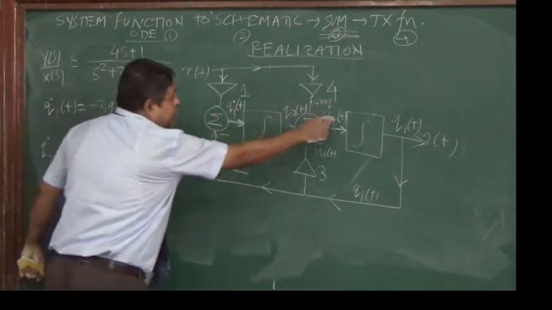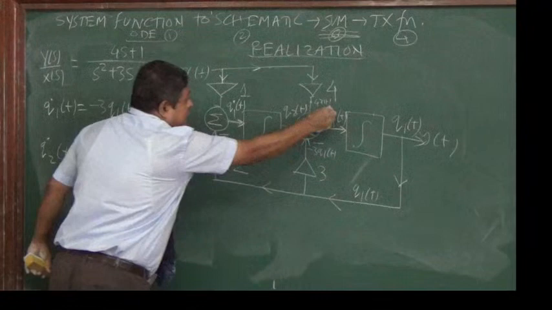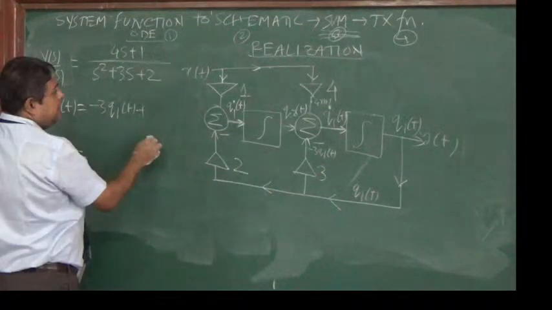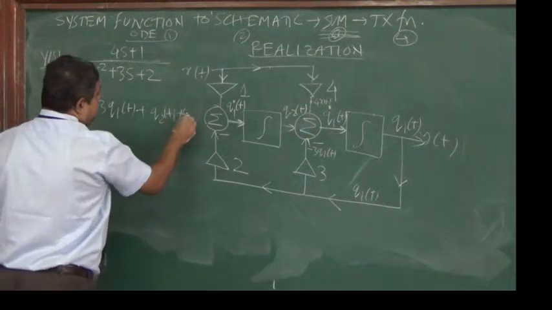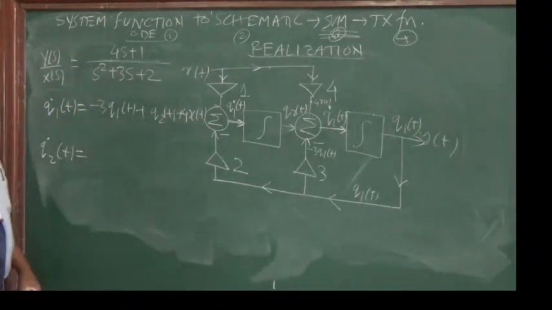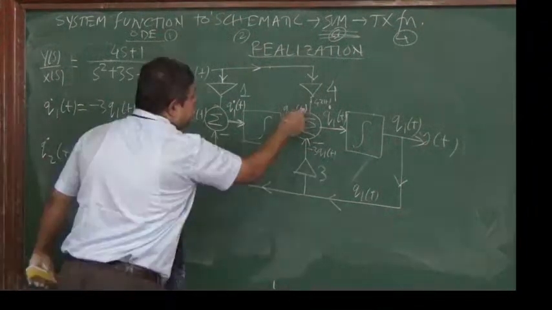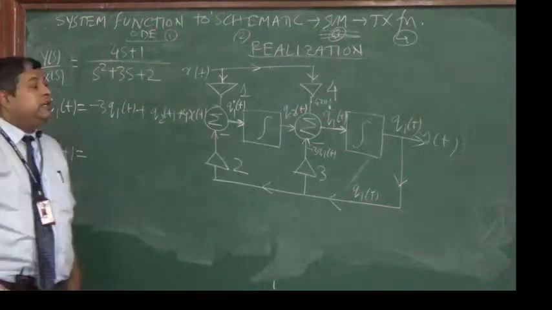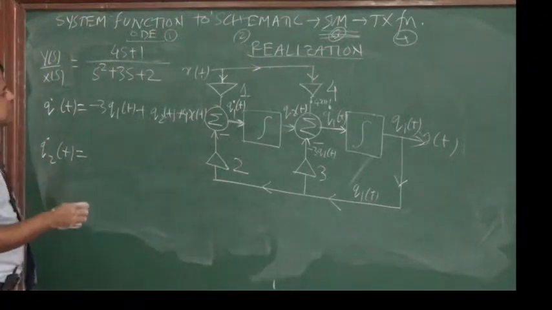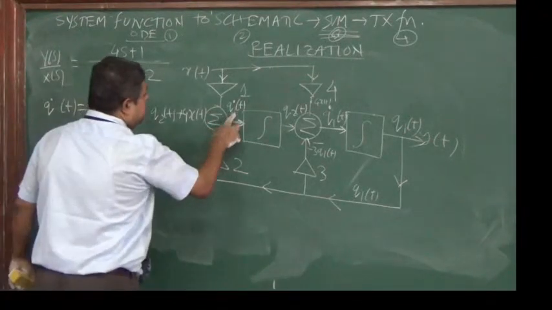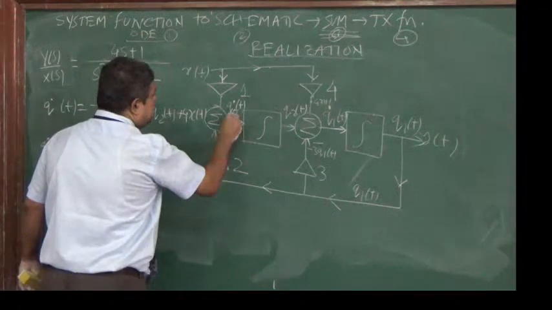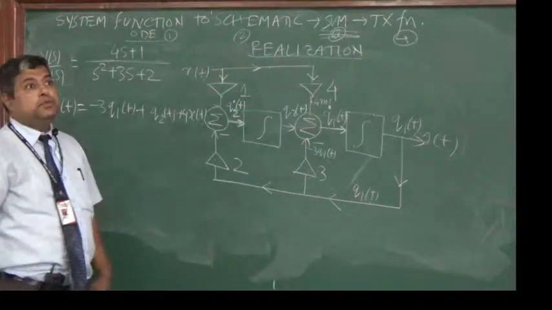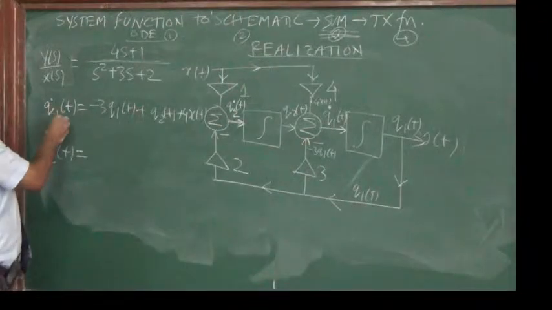So this q1 dot(t) is minus 3 q1(t) plus q2(t) plus 4 x(t). I'm sorry, this should be q2 dot(t) here, because q1(t) is here, q1 dot(t), this is q2(t) and this is q2 dot(t). So this is the q1 dot(t) equation I'm writing.